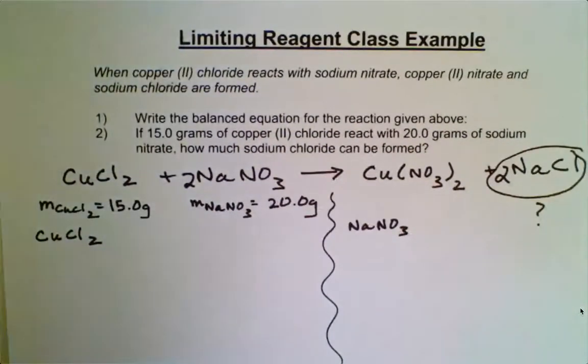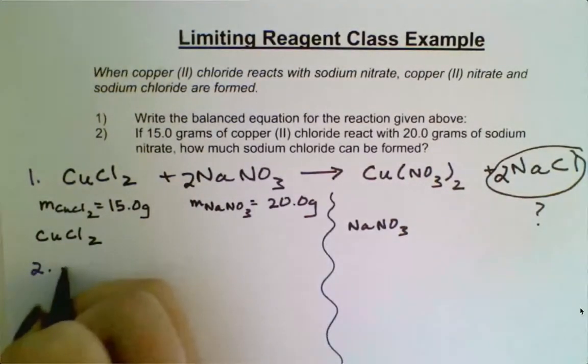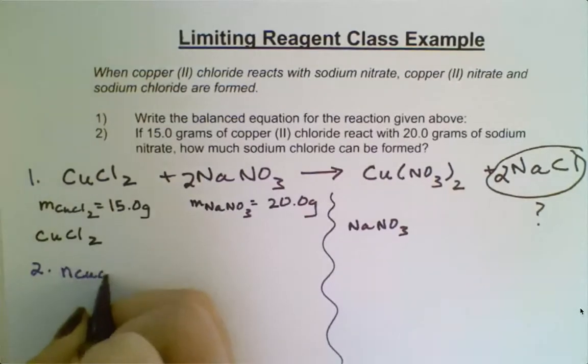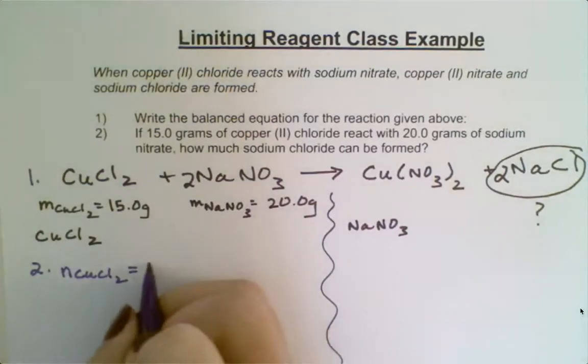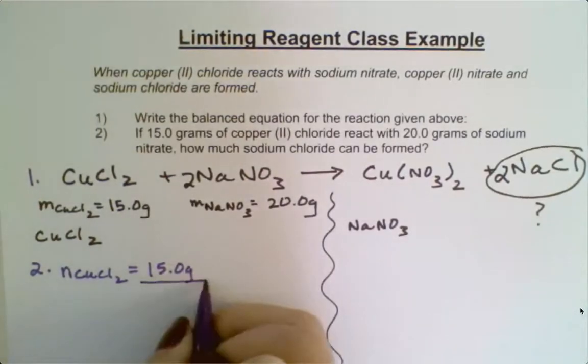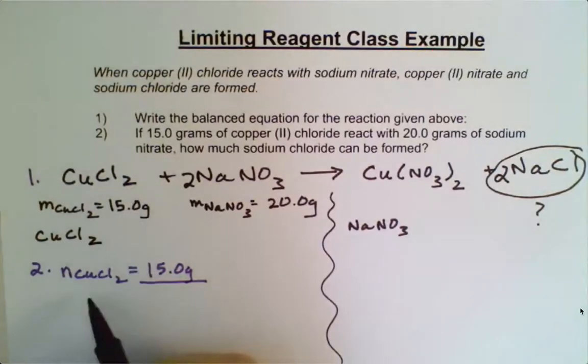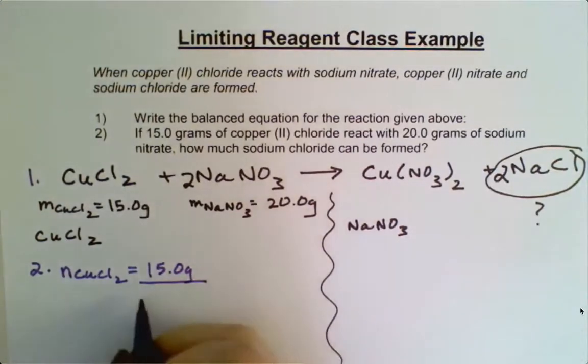The first step of a mass problem was to come up with a balanced equation. The second step is to take the mass that's given and convert that into moles. So I'm going to take the 15.0 grams of copper 2 chloride, and I want to know how many moles that's equal to. Well, when you go from mass to moles, you must take mass divided by molar mass.